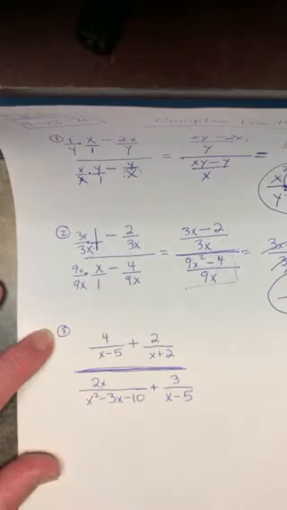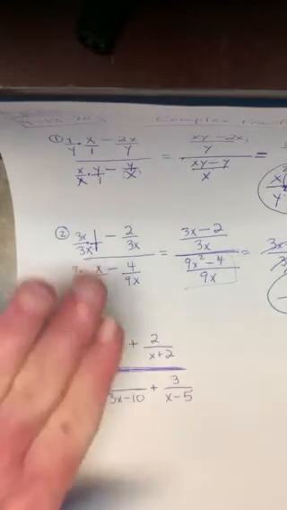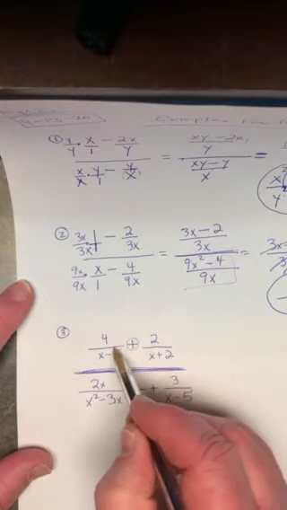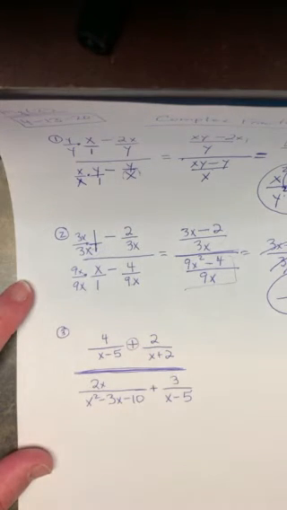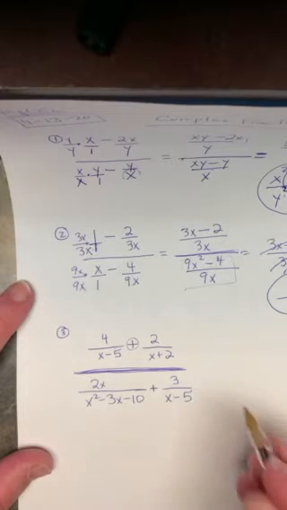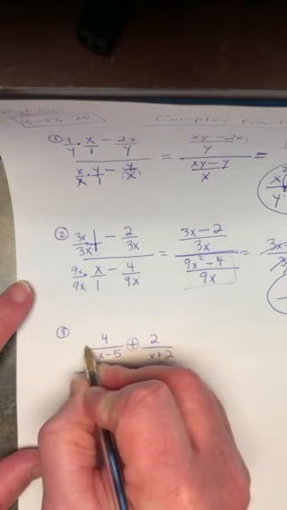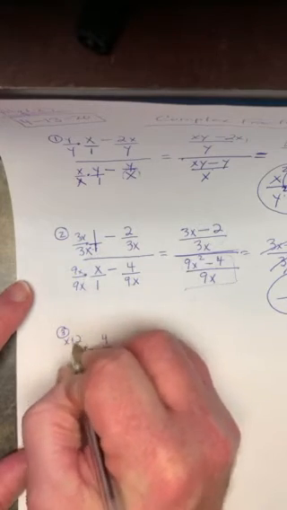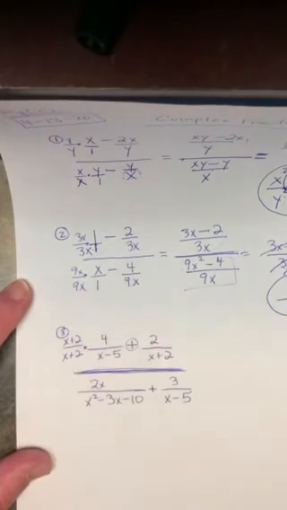So let's go up top and treat the top as if it was its own little problem. I'm adding two fractions that don't have the same denominator. Do you agree this first fraction I'm going to multiply by the other denominator of x plus 2 over x plus 2.